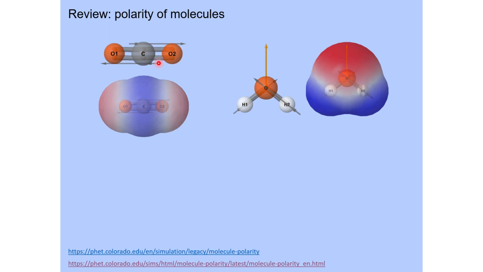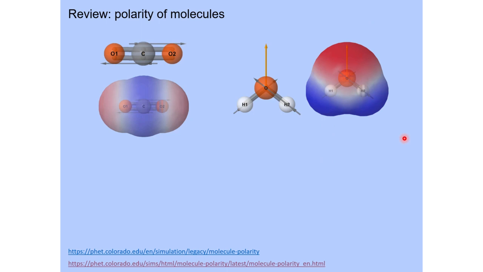This is a nonpolar molecule. Water, on the other hand, the two dipoles add up this direction. And so we have this pole. We have a partial negative region, and down here we have a partial positive region. So this molecule, you can see, has two poles. So this is a polar molecule.